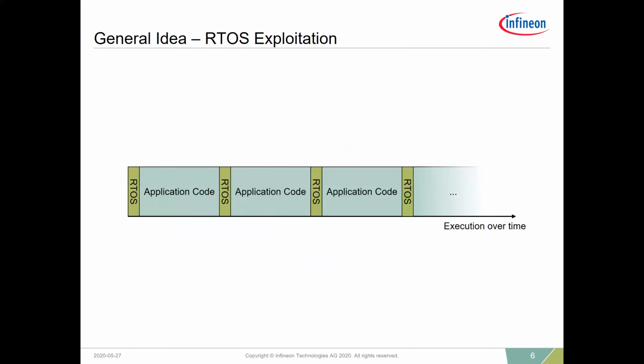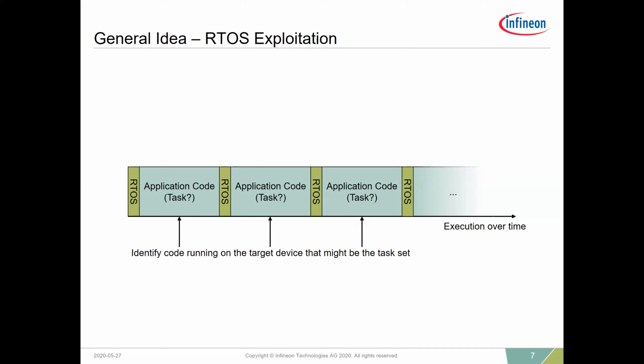The general idea is that on these systems there's application code running, which are the tasks, and there's code regarding the RTOS, which is used for the maintenance of the tasks. In the first step, we try to identify this application code, which might be the task set, but we don't know this yet.